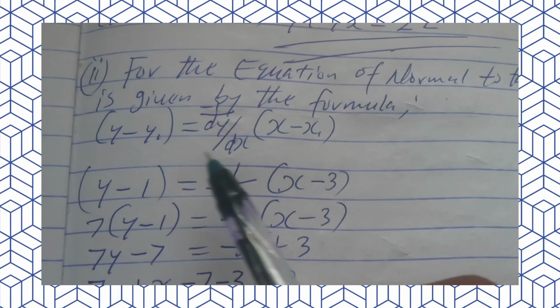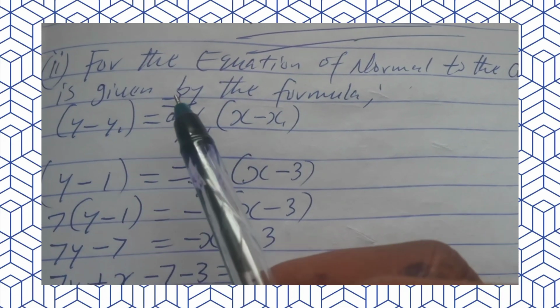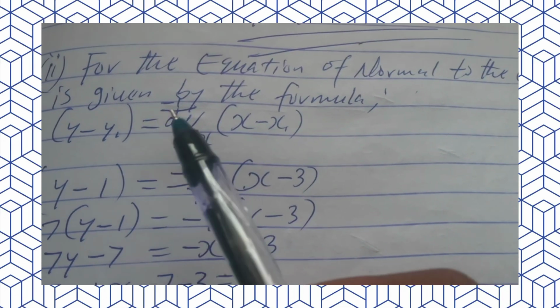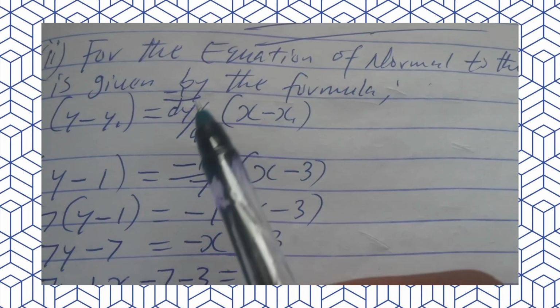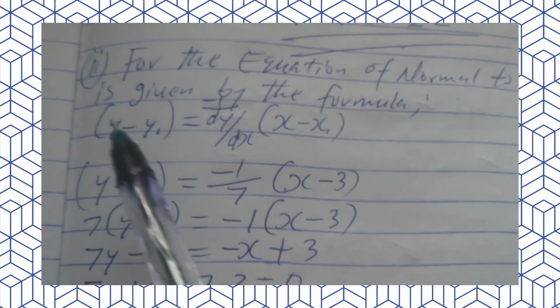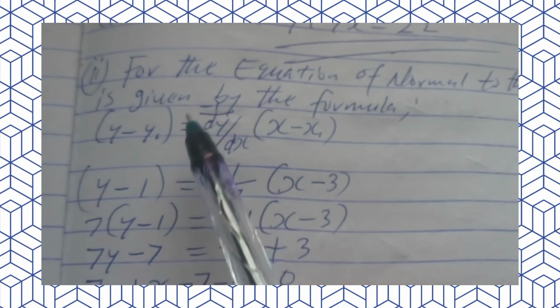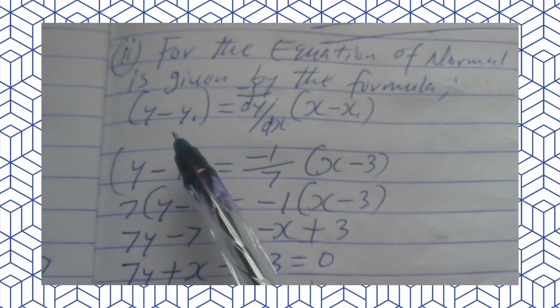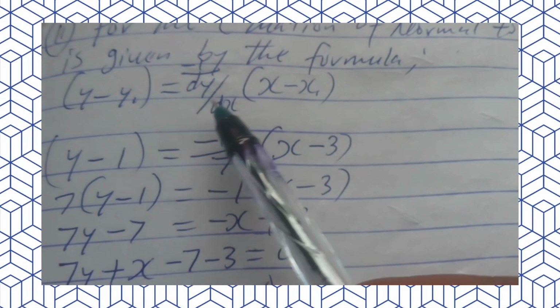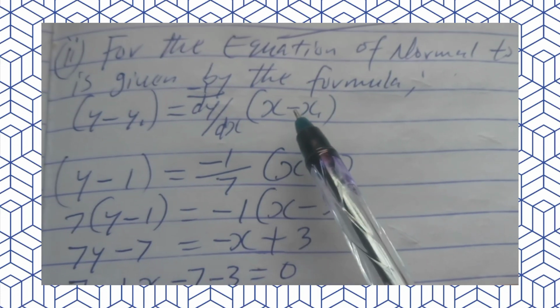You know that in this formula of the normal, you have minus 1 before the all over dy over dx. But the tangent one, there is no minus 1. You just have dy over dx times x minus x1. So the equation of the normal to the curve is given as y minus y1 equals minus 1 all over dy over dx times x minus x1.